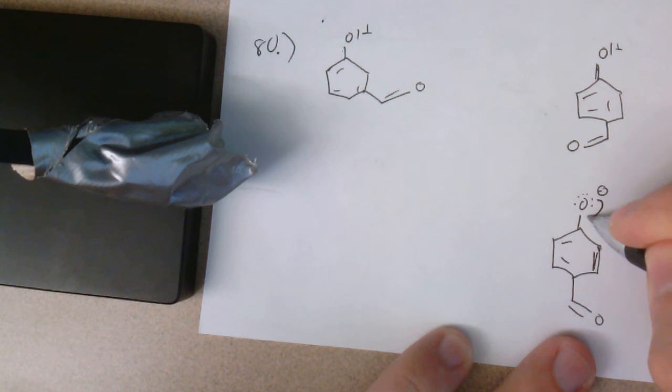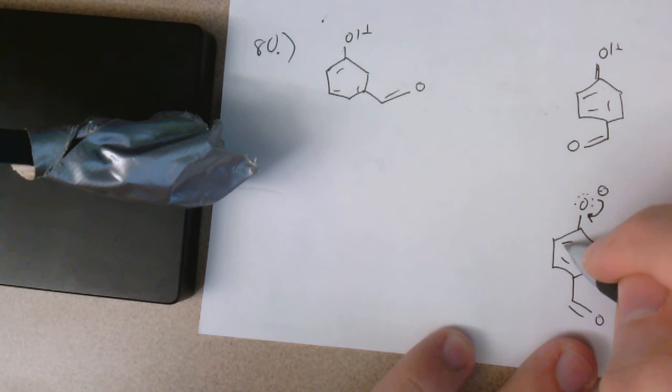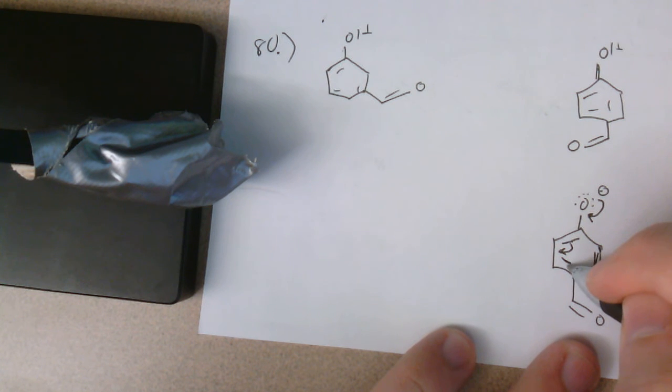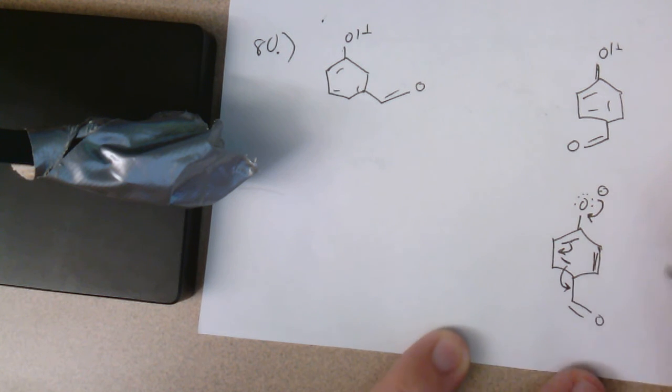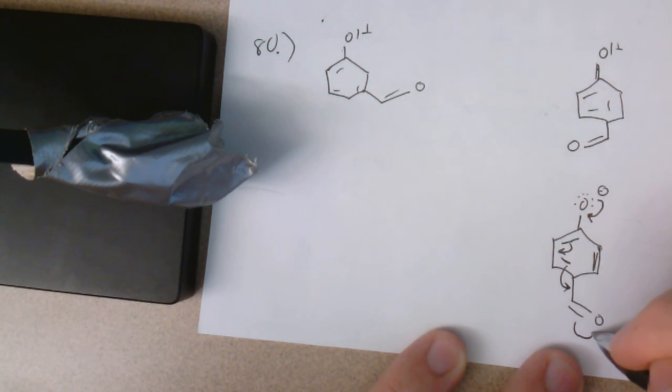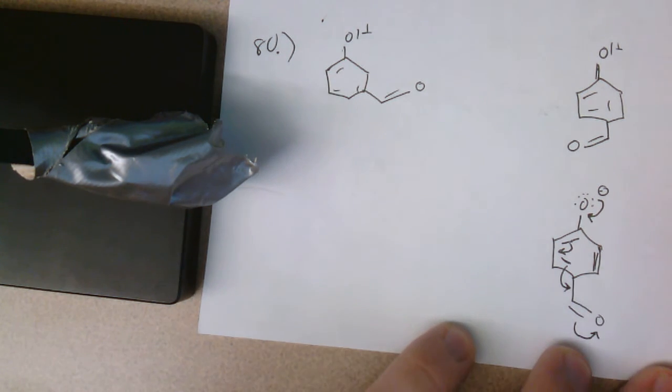I can move this down to make a double bond, which is going to cause this one. Then this double bond is going to have to shift between these two carbons. And this double bond is going to pop out to make a double bond here. And then this double bond is going to pop up to this oxygen.